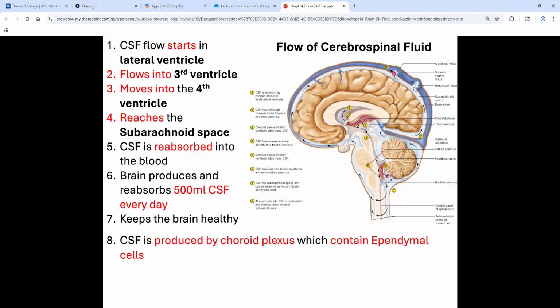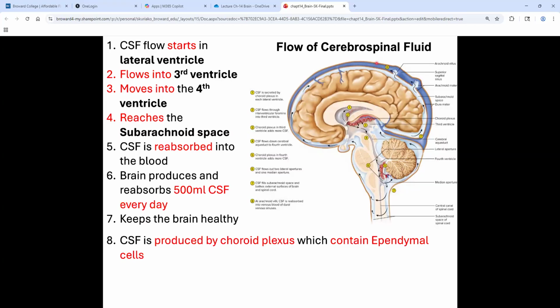So it absorbs the CSF and it is transferred into the venous flow. Okay, so the CSF is produced, but it is reabsorbed. That's why the CSF quantity, approximately 500 ml, is produced every day, and that same amount is removed, so it keeps it constant.